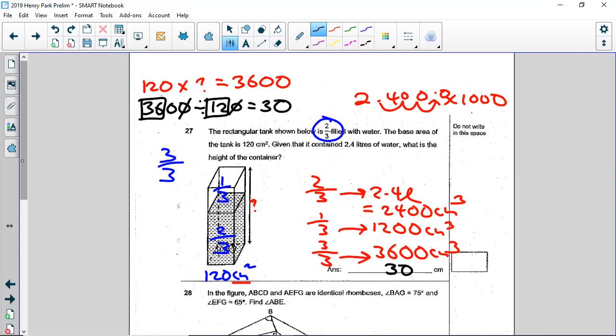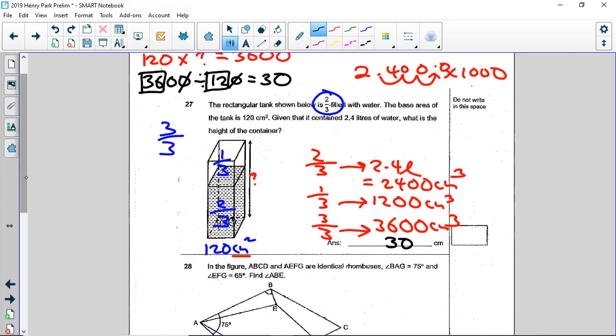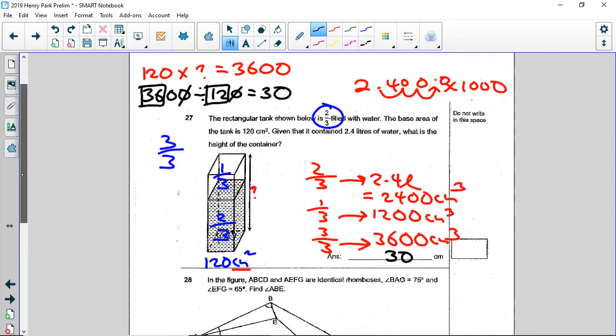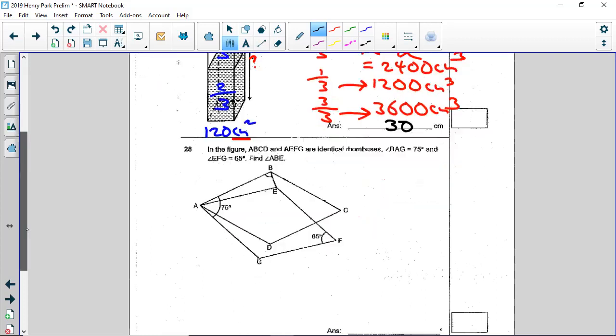Okay, let's go to question 28. Question 28 looks hard, but if you have done what Mr. Ong has told you in our weekly lesson, you will find that it's quite easy. When you see identical rhombus, what do you do? Some of you get stuck because you did not mark out the sides.